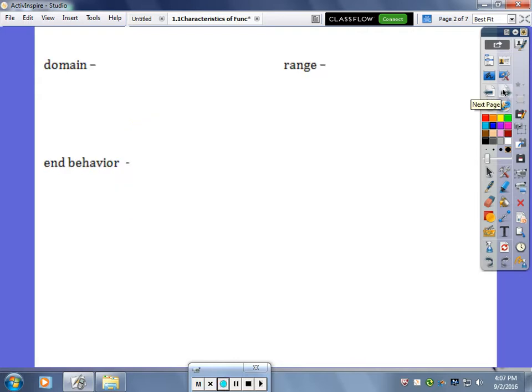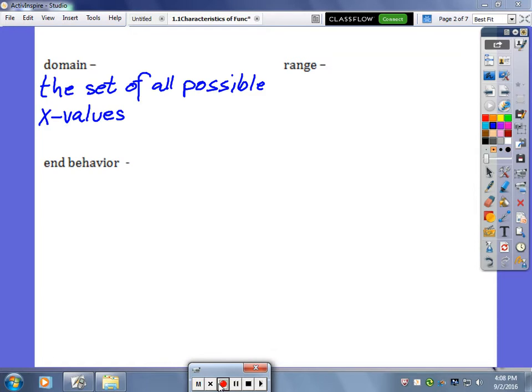At first, I want us to spend some time remembering two concepts that you have known since Algebra 1, the domain and the range. Domain is the set of all possible x values in a function. In other words, we look along the x-axis from the left to the right for all the x values that are represented on the graph we can see in our coordinate plane.